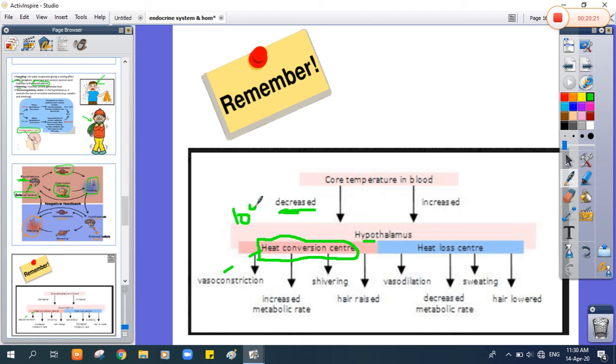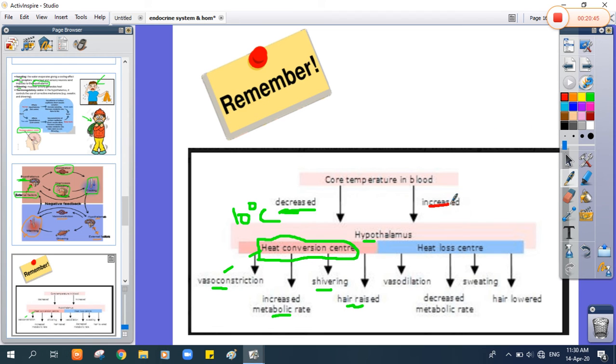So your body will do vasoconstriction, will shiver, the hair will be erect or raised, and there is an increase of metabolic rate, your body will burn more food to get energy and heat. This happened when the temperature decreased.